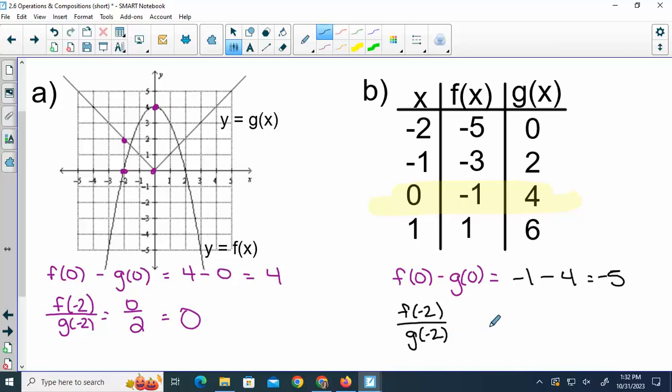Next, f of negative 2 divided by g of negative 2. So when x is negative 2, the y value of f is negative 5, divided by the y value of g. Can you do negative 5 divided by 0? No, so that's just undefined.